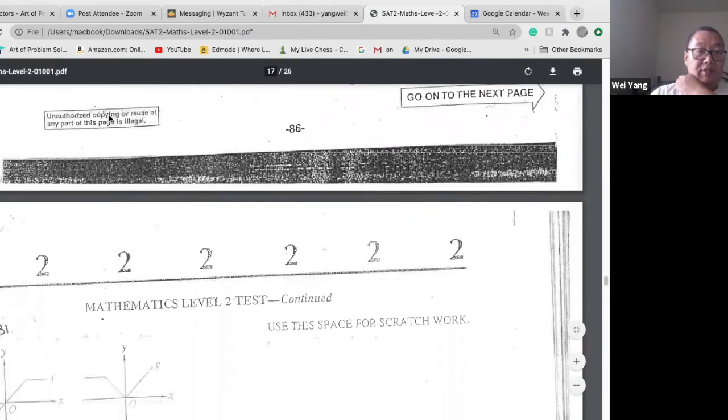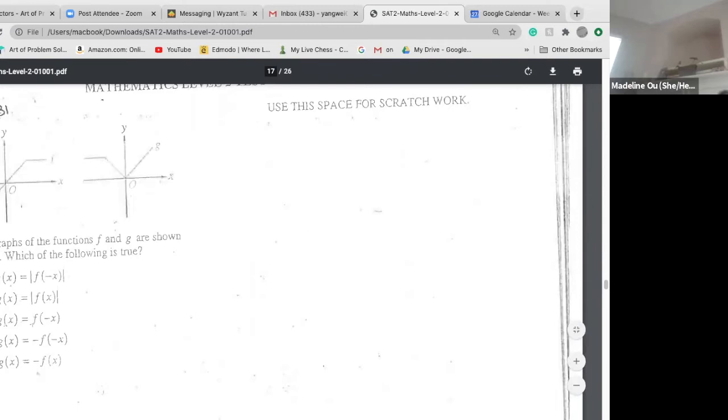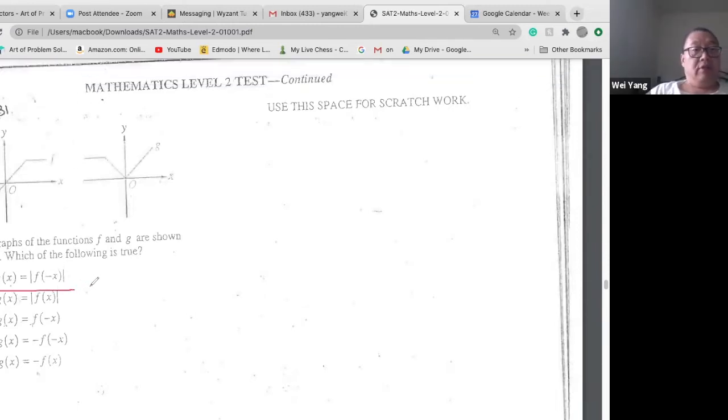Now let's see, 31. A. You got A? Good. Now let's check. The graphs of the functions f and g are shown above. Which of the following is true? g of x equals the absolute value of f of negative x.